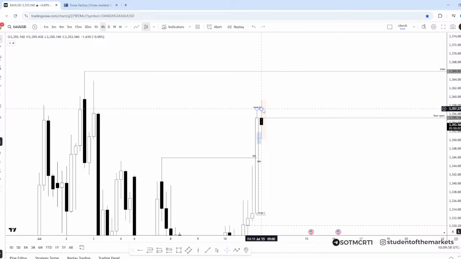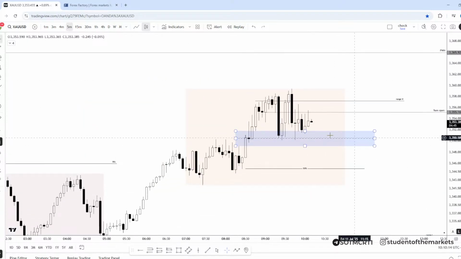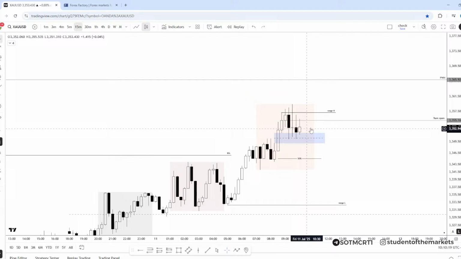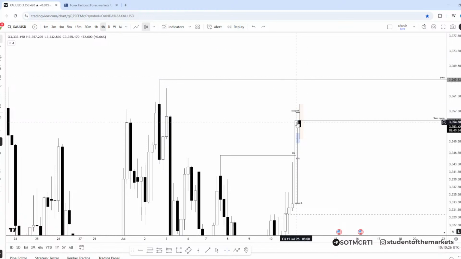As you can see, right here in this candle, this is the 9 a.m. open candle. You take a simple tool and place it on the open of the candle. Whenever you want to take sells, you want to take them above the candle open, because whenever price goes above the candle open, it does the wick for the candle.